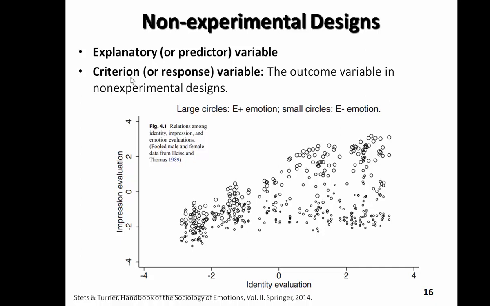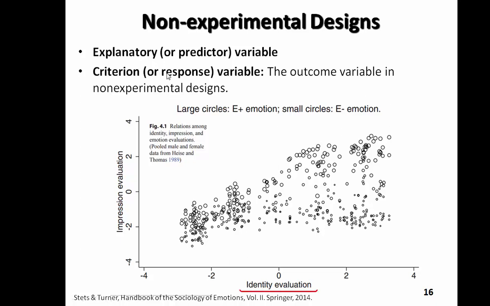The criterion variable in a study such as this is similar to the dependent variable or the outcome variable that we observe in experimental design. So the outcome of interest in the non-experimental design is referred to as the criterion or response variable.